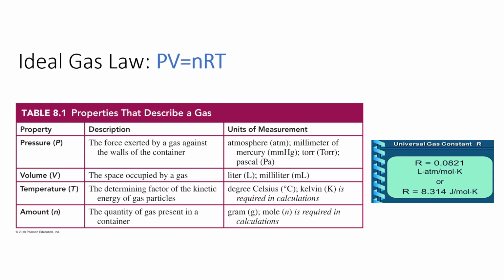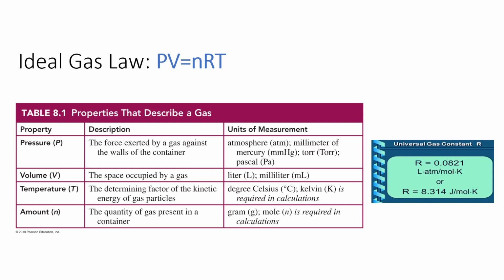And then little n stands for the amount of the gas, and that is the quantity of the gas present in the container. Quantities could be measured in grams or more commonly moles, and moles is required in the calculations. And then you also see the capital R, that is the universal gas constant, and the value of it depends on the units.